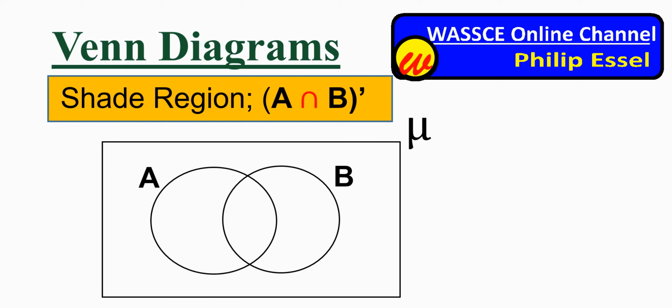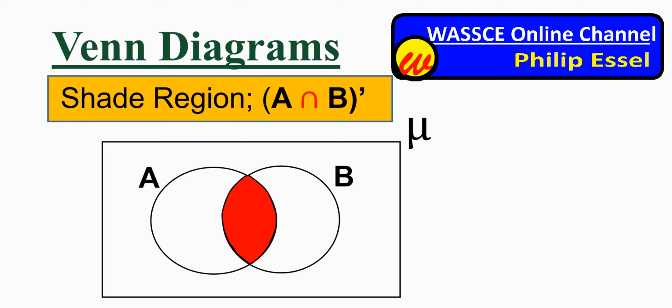Let's note that for us to be able to find the region A intersection B complement, it is very important for us to first know A intersection B.